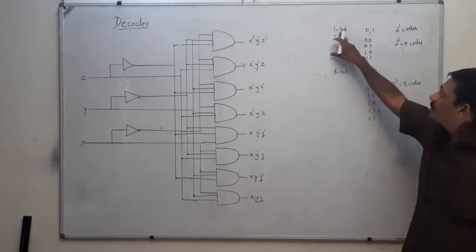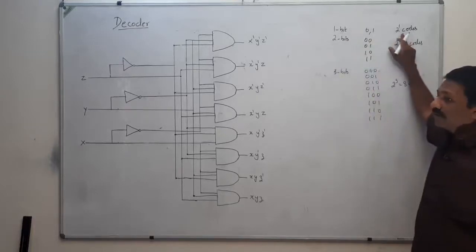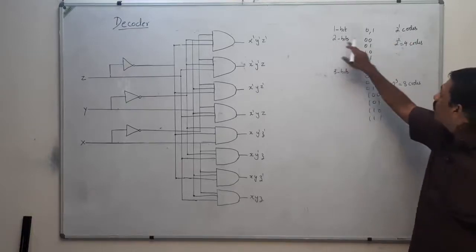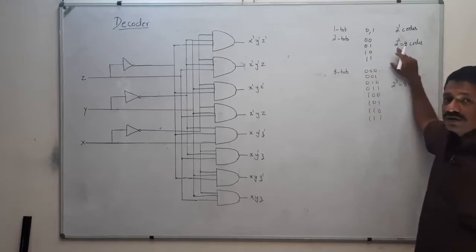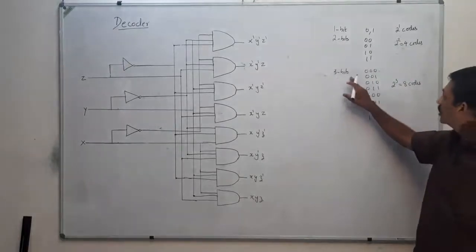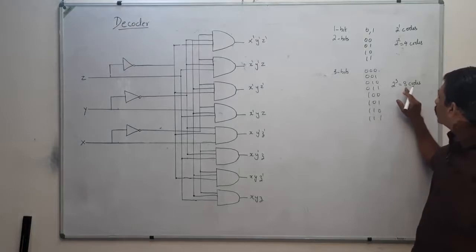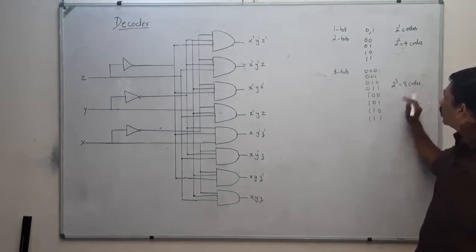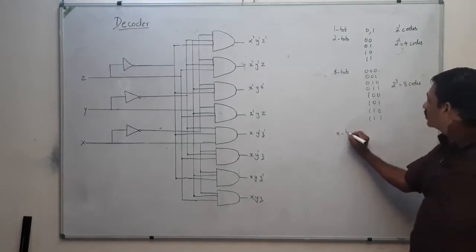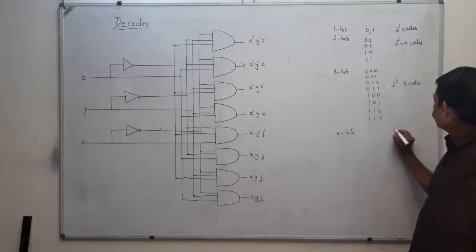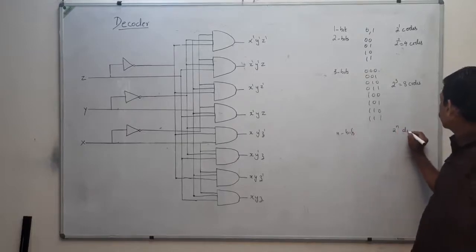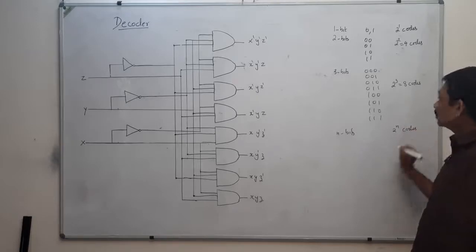So, using 1 bit you can have 2 raised to 1 different codes. Using 2 bits you can have 2 squared different codes. Using 3 bits you can have 2 raised to 3 codes. Using n bits you can have 2 raised to n different codes.